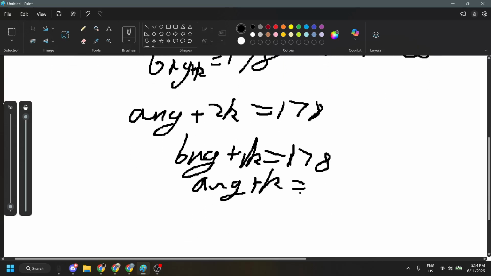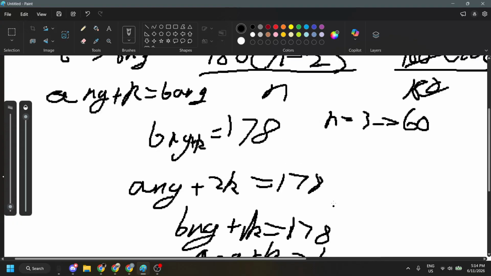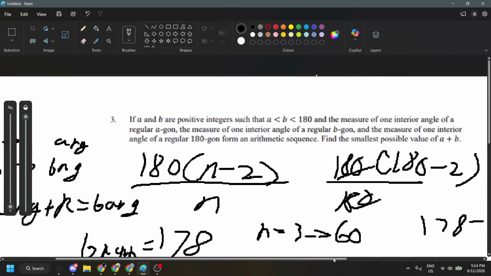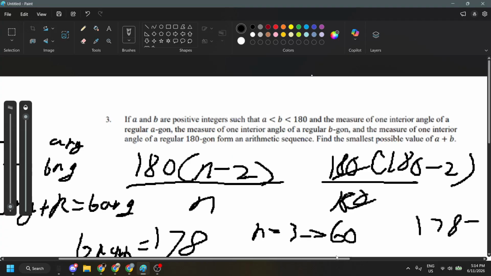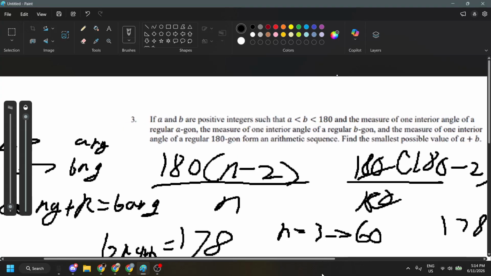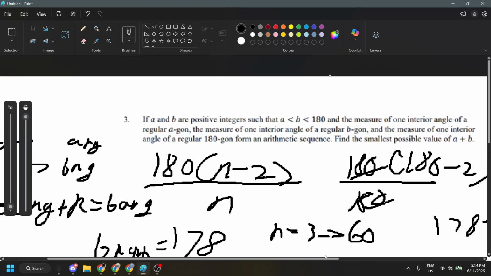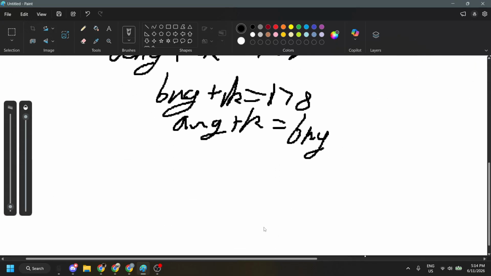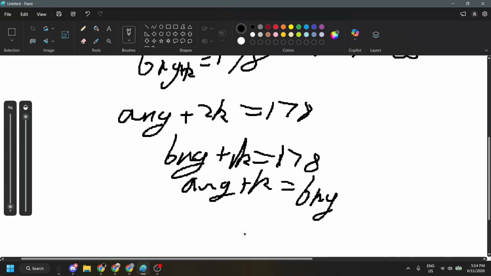How do we decrease our possible answer space? Can they be integers? So the angles don't necessarily have to be integers. K doesn't necessarily have to be an integer either.